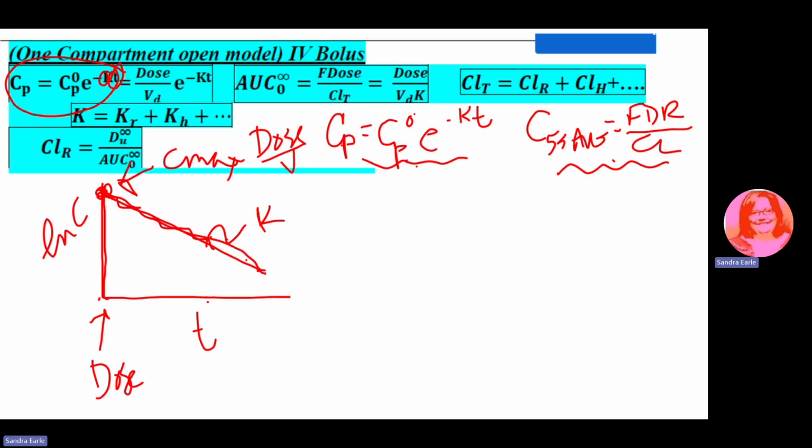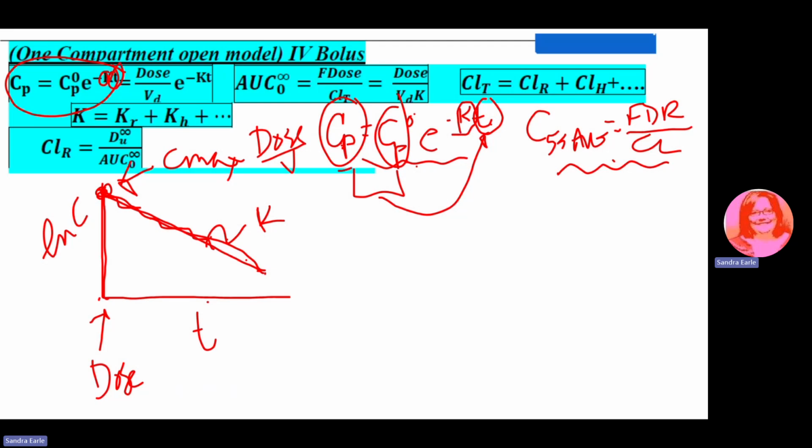So after we give a drug, the resulting concentration t time later can be determined. So we've got two concentrations. The difference in time between these two concentrations, that's what this t is. And then this, of course, is the slope of our elimination curve, or our elimination rate constant.